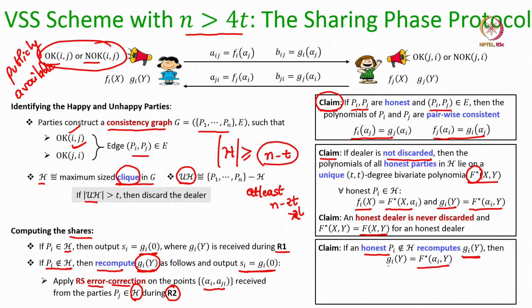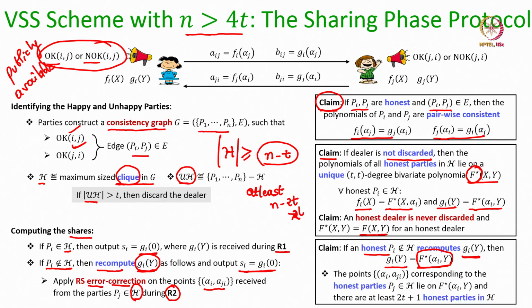That means, through this recomputation process, whatever column polynomial p_i is computing is not an arbitrary column polynomial. It is actually a column polynomial lying on this bivariate polynomial f star, which is guaranteed to exist because of the pairwise consistency check between the column and the row polynomials of the happy honest parties. So, let us prove this claim.